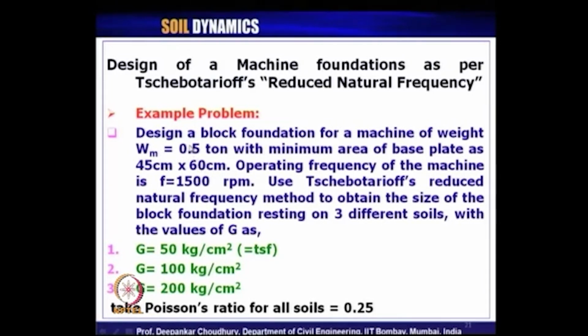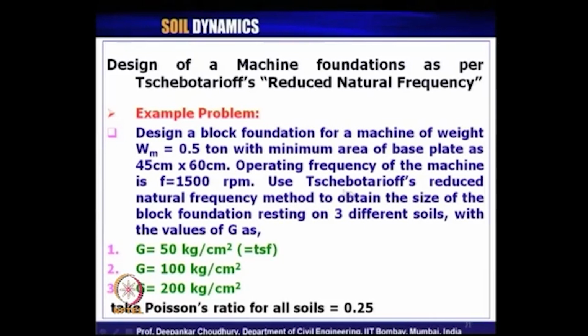So, these two input parameters will be provided to us by the machine manufacturer. So, to house this machine, we have to design a block type of foundation. Also, the machine manufacturer will give us the operating frequency of the machine. So, it is given that operating frequency of that machine is 1500 RPM.